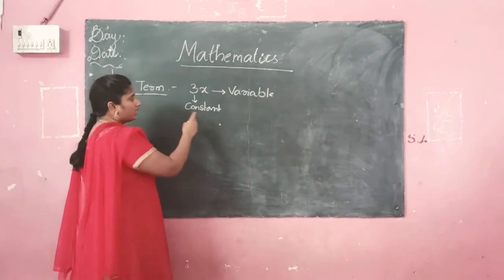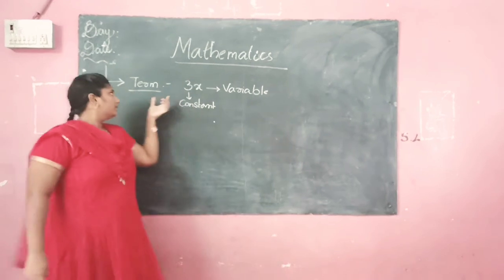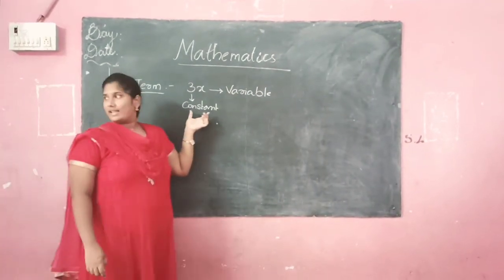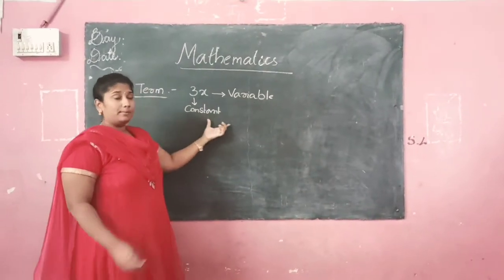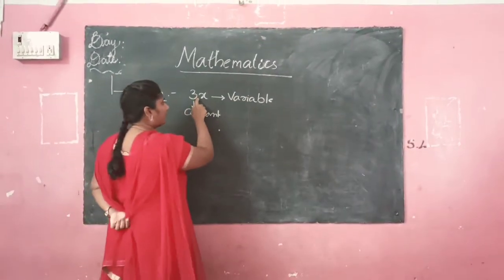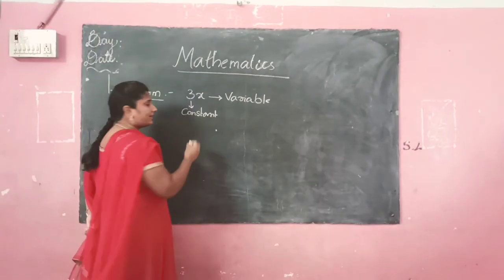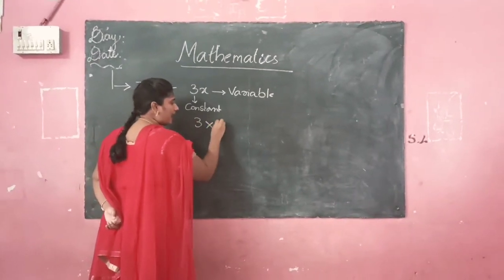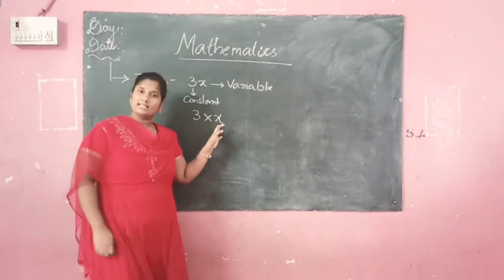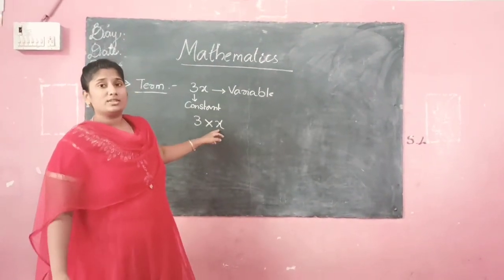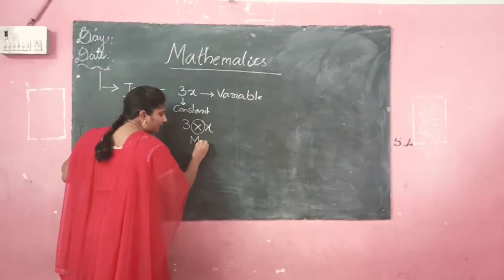So the combination of constant and variable is called a term, with the help of multiplication or division. 3x, how can we write? 3 into x. Which symbol are we using here? Multiplication symbol.